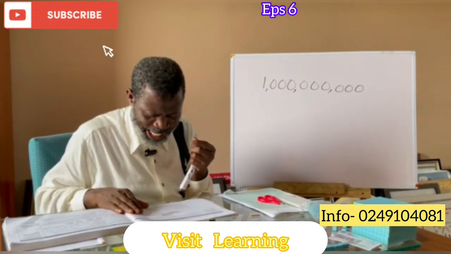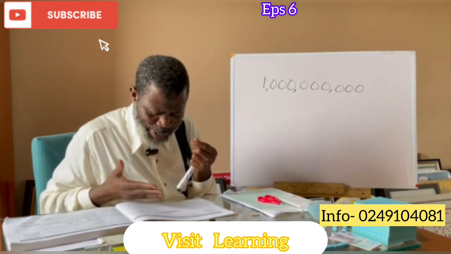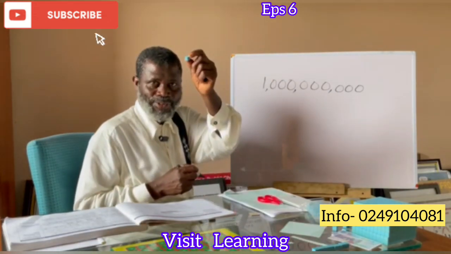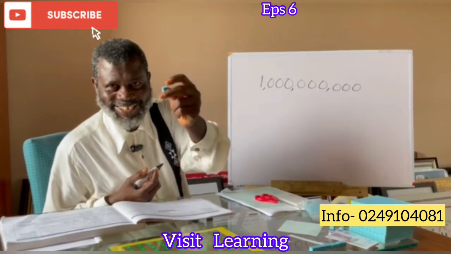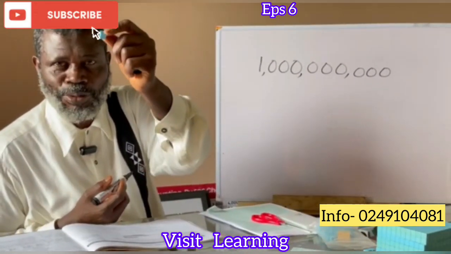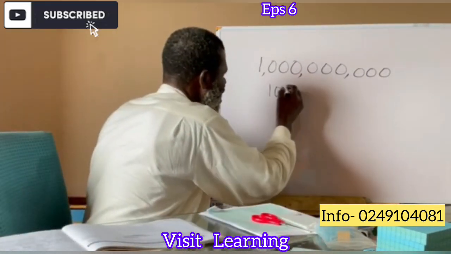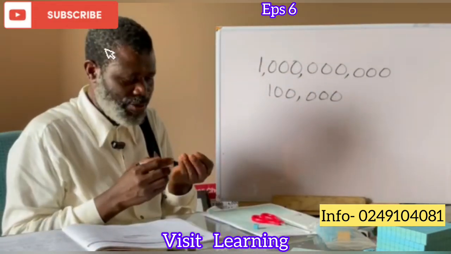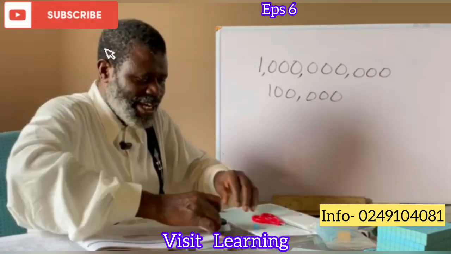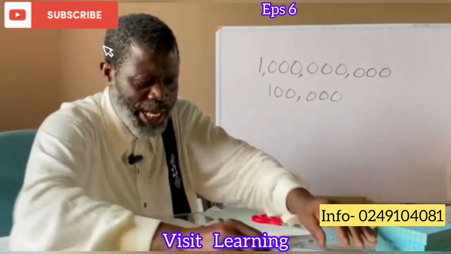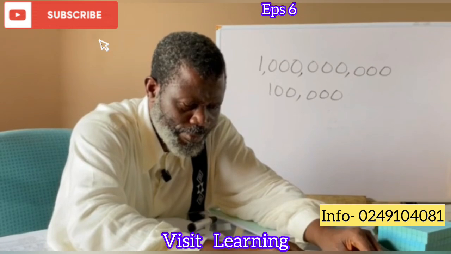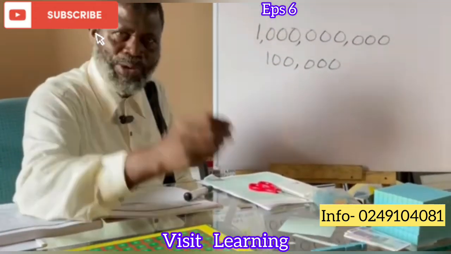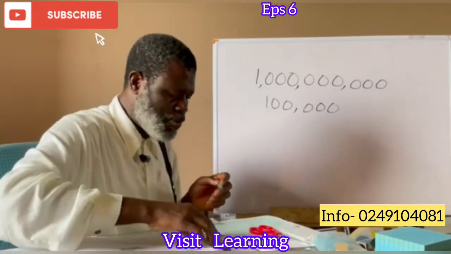In any case, we were given some idea that the smallest piece here can be 100,000. If it is a medicine, we are saying that going to buy this small piece of medicine will be 100,000. Let's see if we'll be able to make it to the 1 billion. What it means is that when we put 10 of these together, if each of these is 100,000 and we have 10 of these, what is it supposed to be?